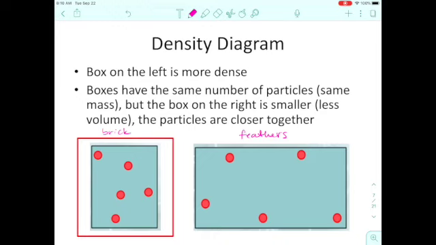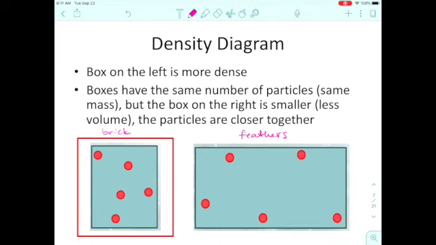Whereas with feathers, you need many more feathers to get to a pound. So the feathers would take up more space because they're not as dense, and the brick is more dense, so you don't need as many. It doesn't take up as much space. So the box on the left is more dense.